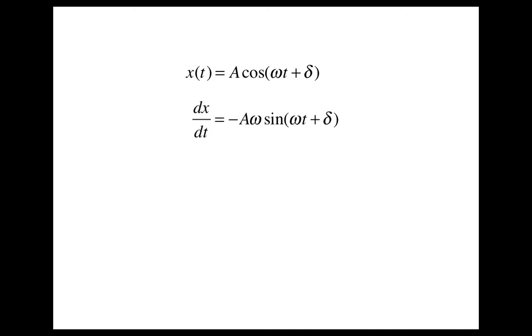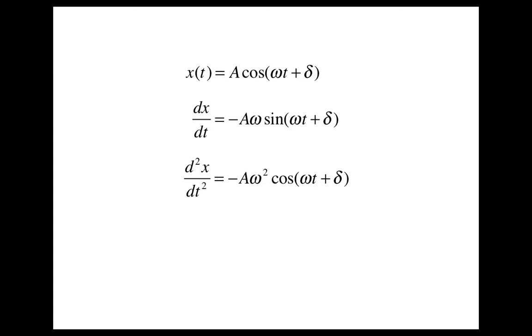So we get dx/dt equals negative A omega sine of omega t plus delta. And we're going to do the same thing again. The derivative of sine is cosine, and we use the chain rule once again. And so we get d squared x by dt squared is negative A omega squared cosine of omega t plus delta.